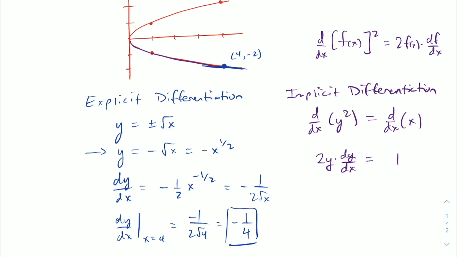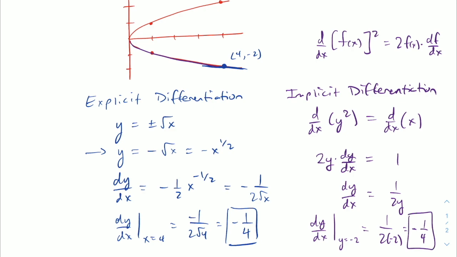All right, so now we have this dy/dx, and we can isolate it by dividing both sides by 2y. And then we can evaluate the derivative at the point of interest. Here, the y value is the important value. y is -2, and we get 1/2 times -2, which is, again, -1/4. So we're getting the same answer, but with implicit differentiation, we're not solving for y. We're just treating y like a function and doing derivatives right off the bat.